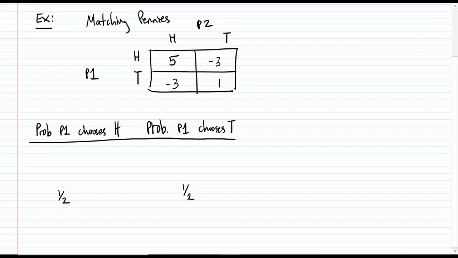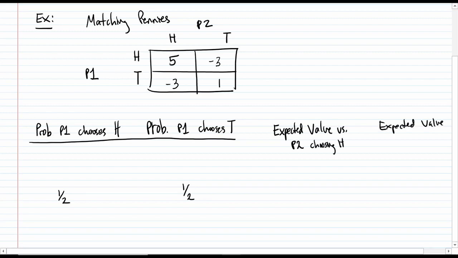What I'd like to do is analyze how well it does against player two's strategies. So let's calculate the expected value versus player two choosing heads, and the expected value versus player two choosing tails. Those are the two options for player two, and I want to know how well our strategy is going to do against those.